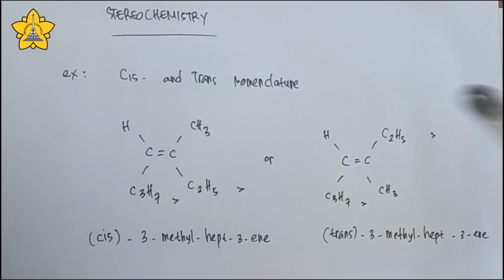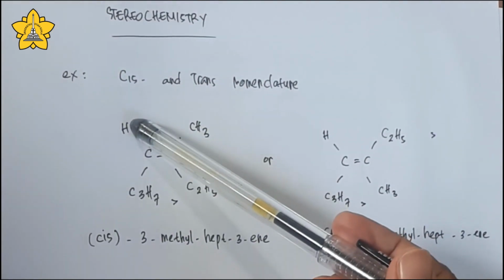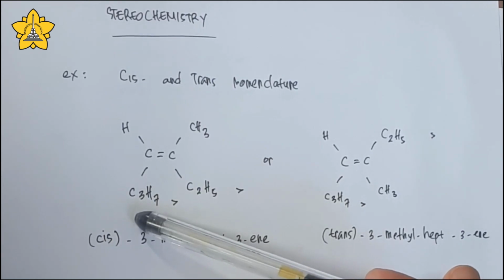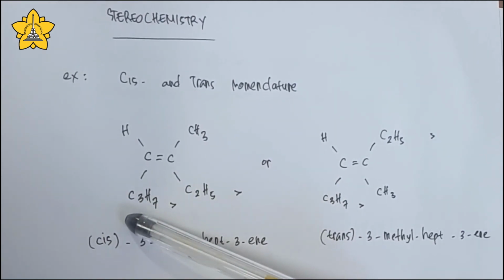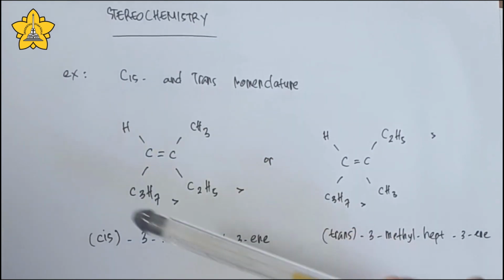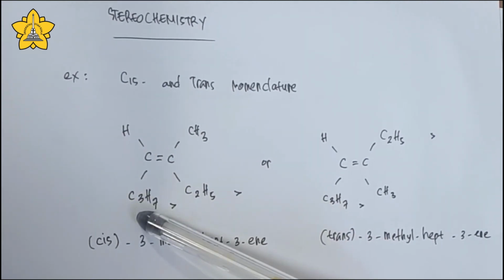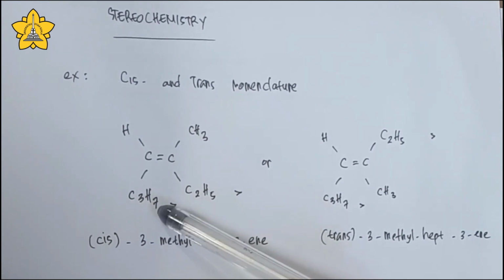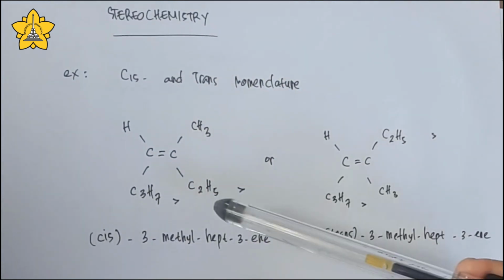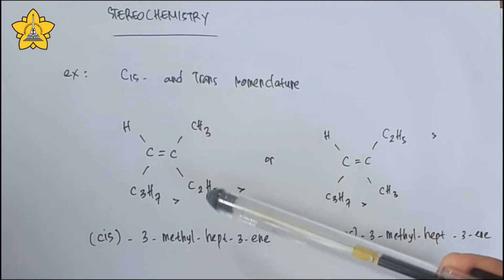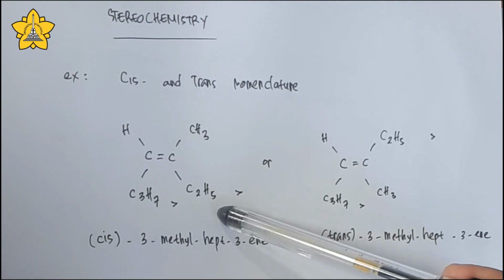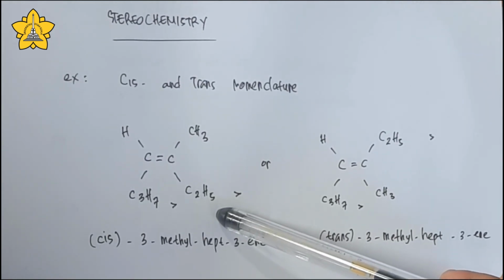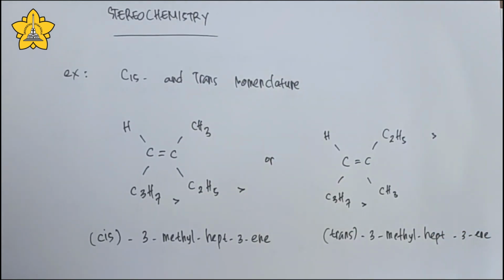For example, the atomic number of hydrogen is different from that of carbon, because carbon is higher than hydrogen, so this propyl substituent has higher priority than hydrogen, as do this methyl and ethyl. It's clear that ethyl has higher priority than methyl.